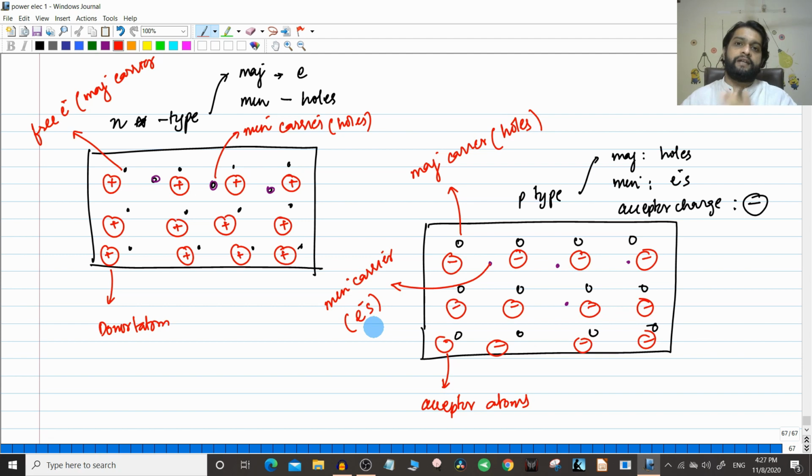And once electrons start occupying, it will create another hole. So another electron will occupy. That way, it will look like the hole is moving in one direction and the electron is moving in the other direction. But in general convention, we say that in p-type material, holes are the majority carriers, electrons are the minority carriers. In n-type materials, electrons are the majority carriers and holes are the minority carriers.